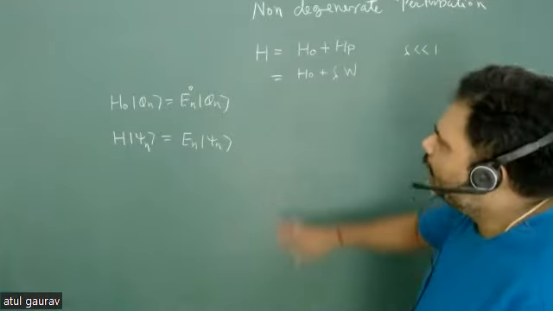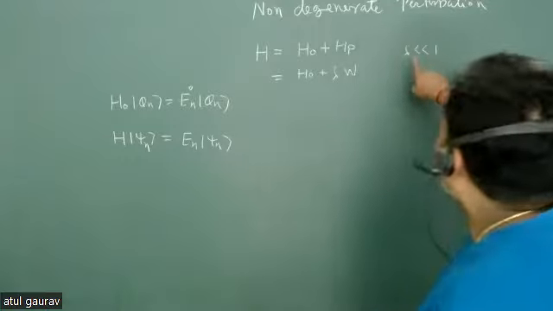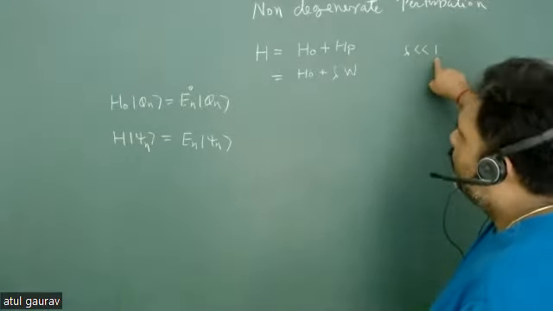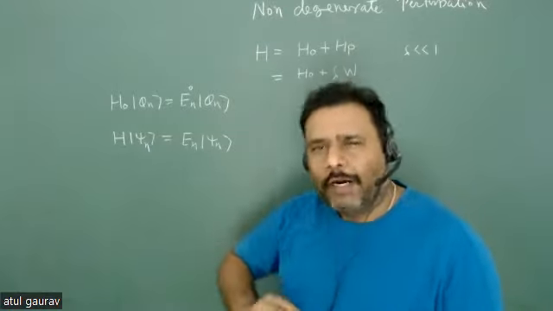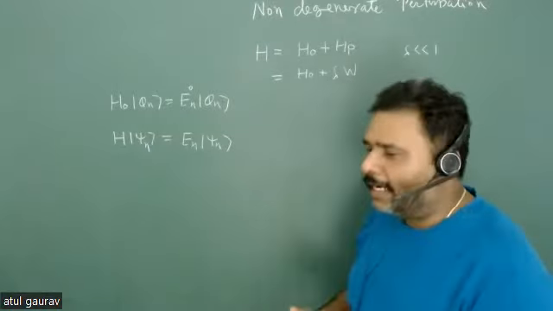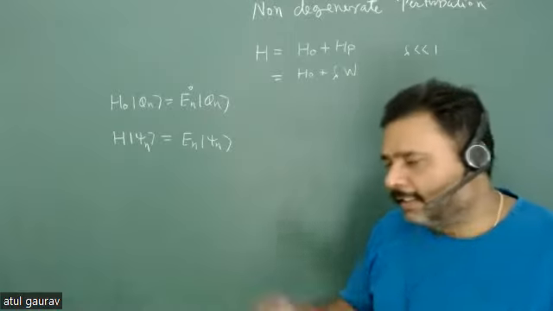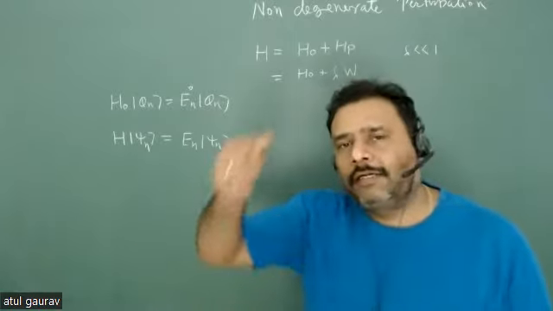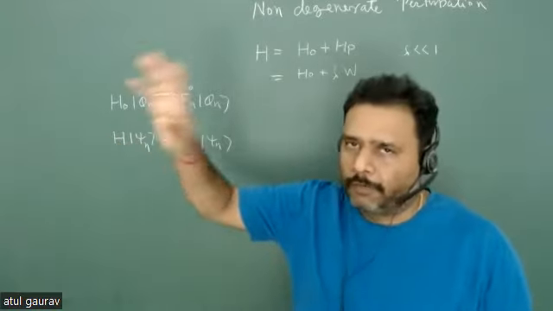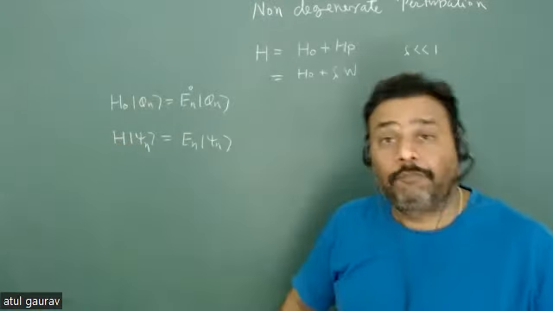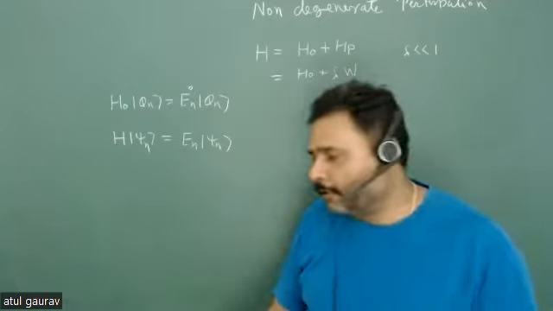But it will work only if lambda is very, very small. That means this perturbation term is very small. Now, what is the meaning of very small? If I tell you that this number should be very small, you have to ask me, sir, what should be the maximum value of this lambda? Isn't it? Is that a logical question?